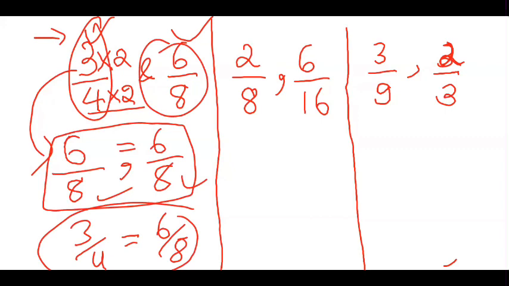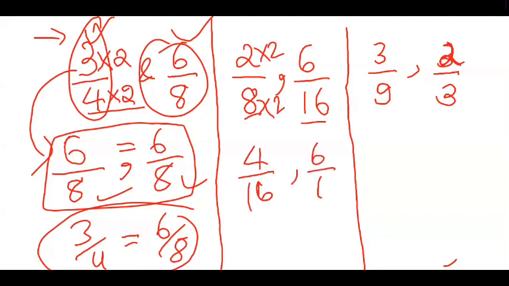First we check if the denominator is divisible. So 8 times 2 is 16, and then you put a 2 on the top, and then 2 times 2 is 4, and then 4 over 16, and then put down 6 over 16, and then 6 is greater than 4.